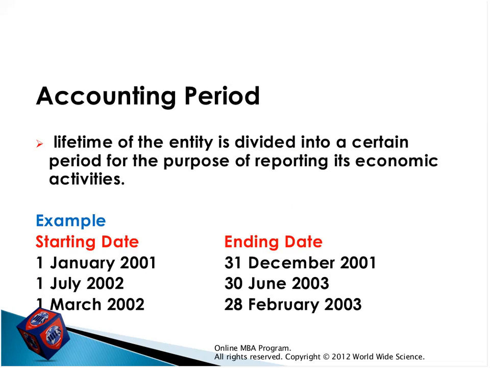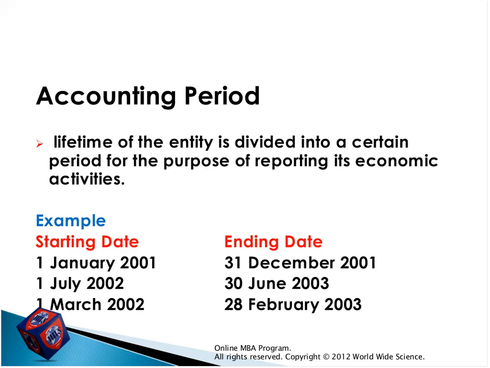The lifetime of the entity is divided into certain periods for the purpose of reporting economic activity. So we have the accounting period in our accounting. It means when we do any report statement, for example, we can take 1 year.